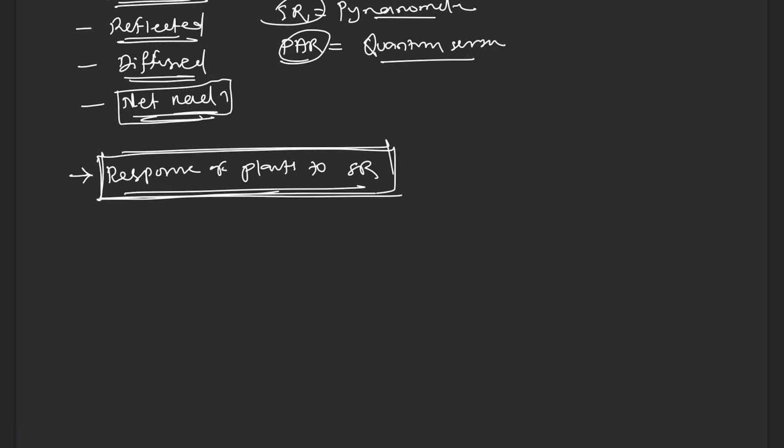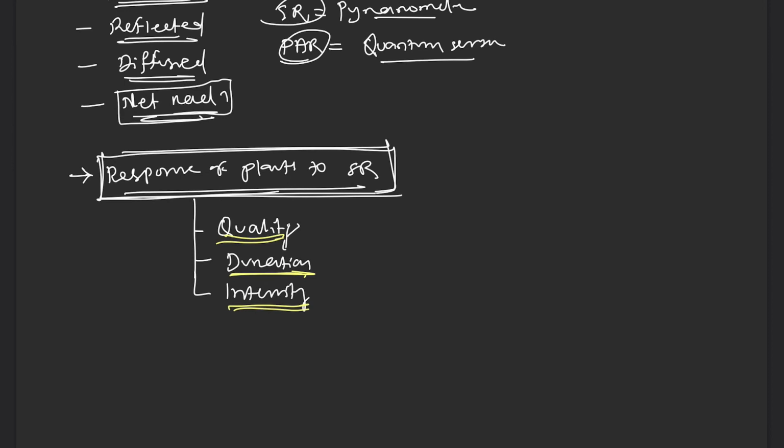With respect to the response of plants to solar radiation, we have three criteria: quality of solar radiation, duration of solar radiation, and intensity of solar radiation.